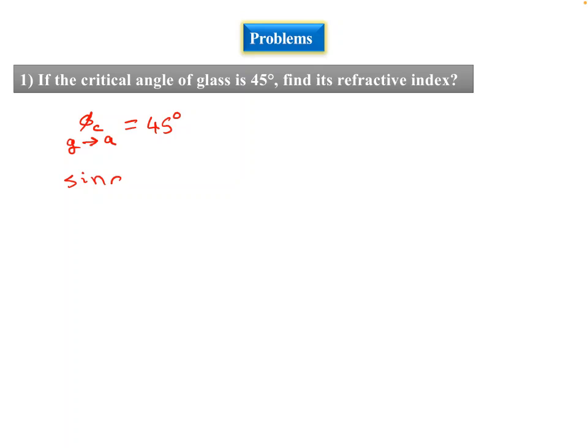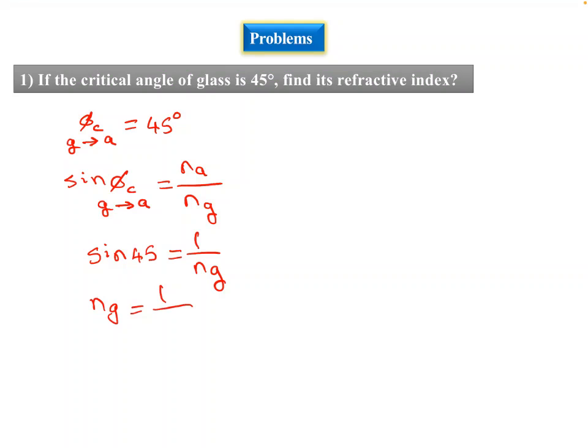The rule is sine phi c from glass to air equals n air over n glass. n air equals 1. Ng we want to calculate. Sine 45, so Ng will be 1 over sine 45. Ng equals root 2. This is the first problem.